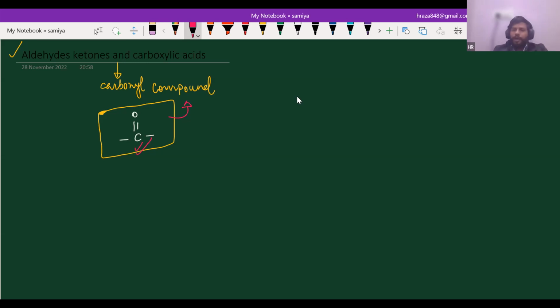So I'm going to take some examples of this carbonyl compound. It's very easy to recognize which functional group is which.